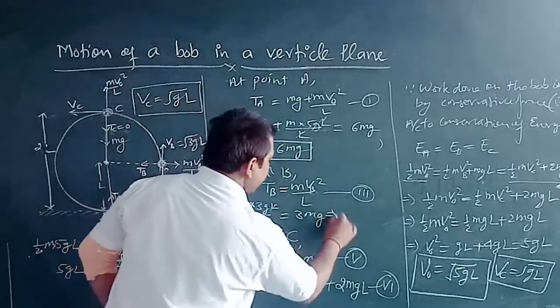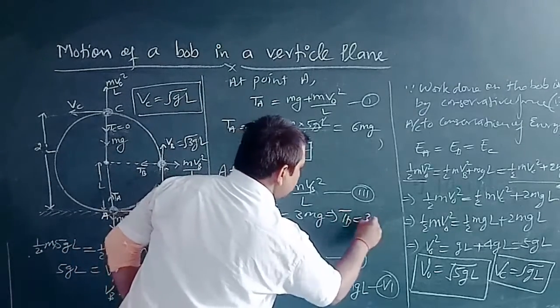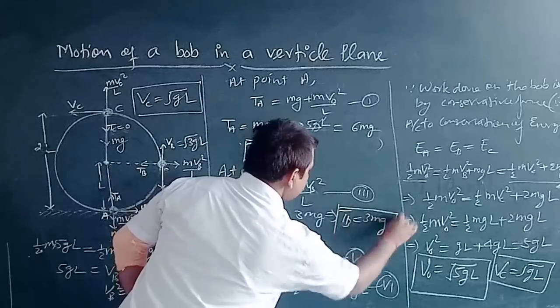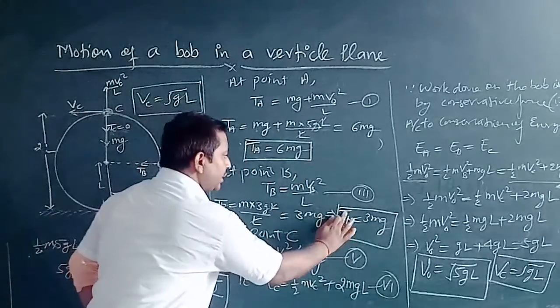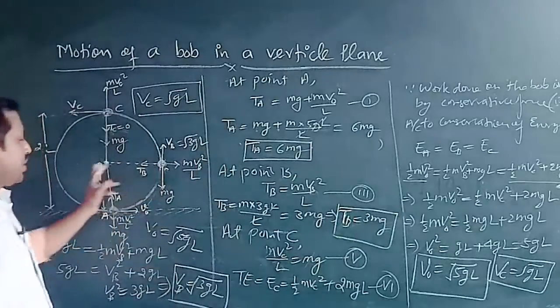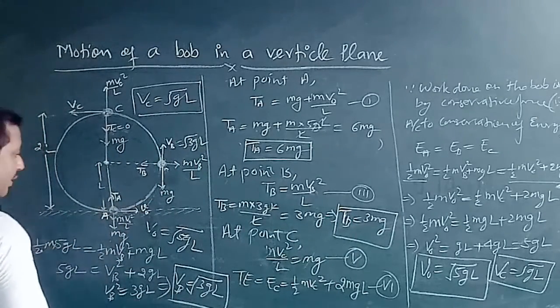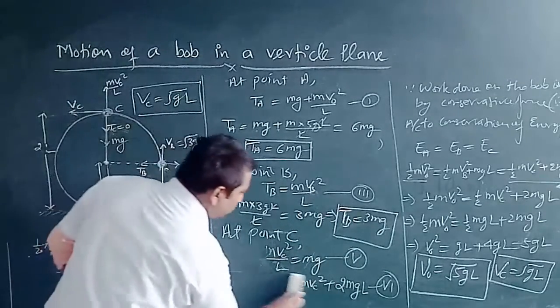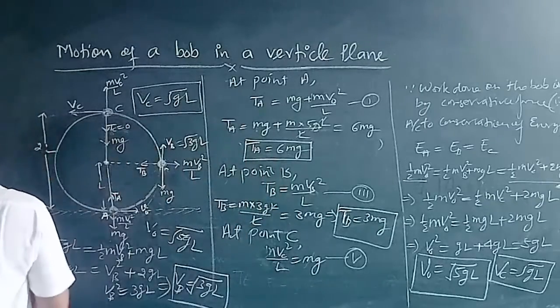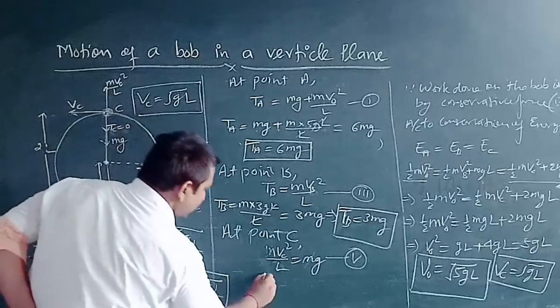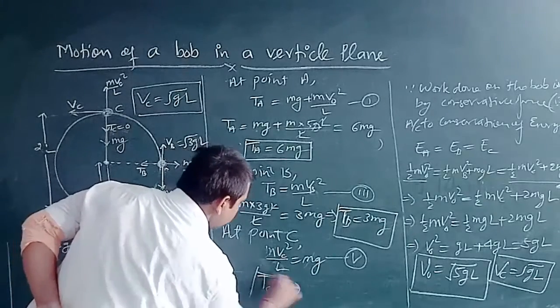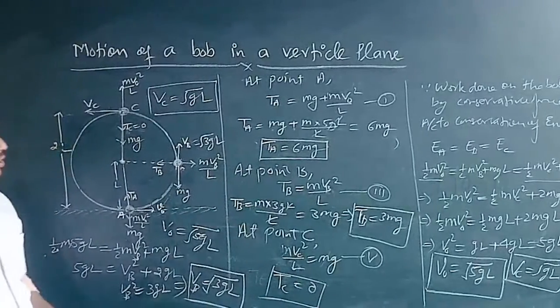Okay, so T at B is equal to 3mg. This is the formula for the total tension in the string at point B. Similarly, we will also obtain the tension in the string at C, as we know that the total tension in the string is 0. So total tension at C is 0.